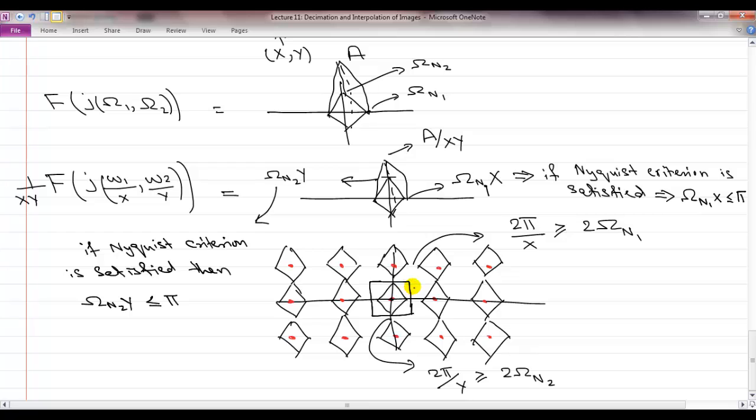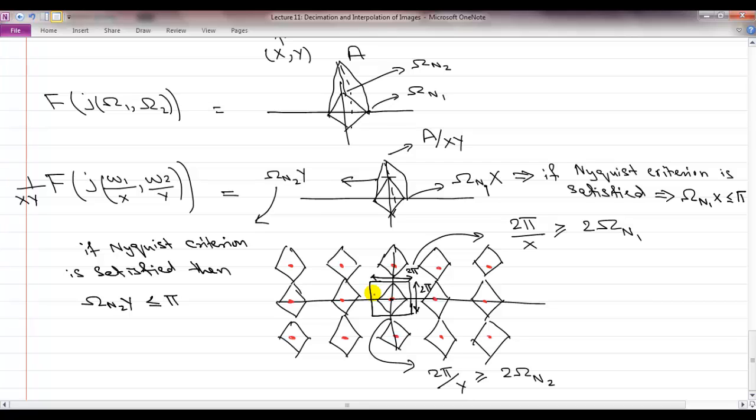So this thing will be 2 pi, and this thing is 2 pi, and your whole main copy will lie within this square of 2 pi by 2 pi region. Okay, again very similar to the 1D case.